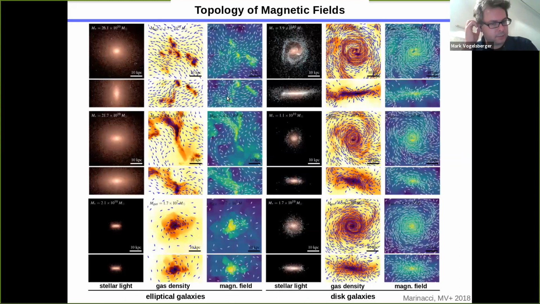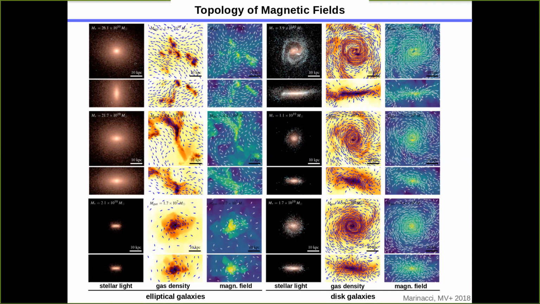Good. So let me show just two or three slides with results from Illustris TNG. One thing that is novel in TNG is that we now also have magnetic fields in the simulation. This is from a bit of an older paper from Federico Marinacci, who's now faculty in Bologna in Italy. He looked specifically at different types of galaxies.